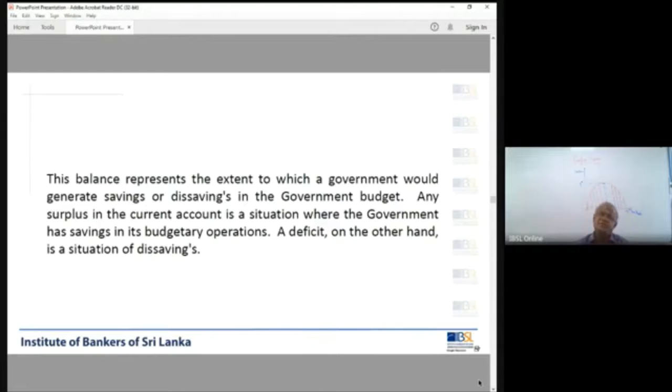Save or dis-save? If you say save, why? Why should the government save? If you dis-save, why? What does that imply? Dis-savings implies what? In the current account, you give higher salaries to the teachers, engineers, doctors.